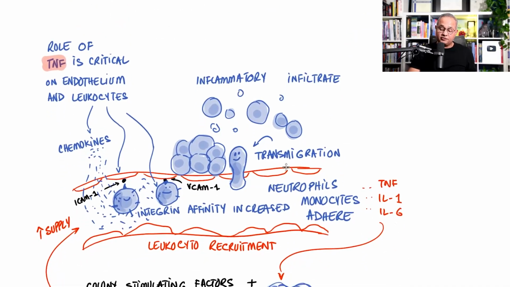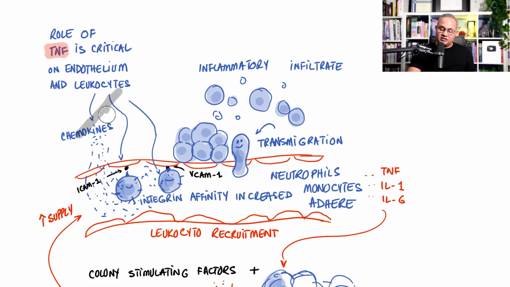Now here, if you see, for example, TNF, when the tumor necrosis factor is released, it's a cytokine, and it gets into the blood vessel. When it does, it causes ICAM, or intercellular adhesion molecule 1, ICAM1, on the endothelium to pop up. It also causes integrins on the passerby WBCs to open up as well.